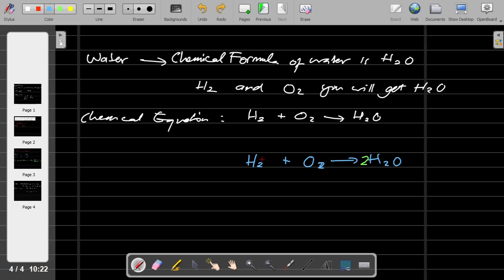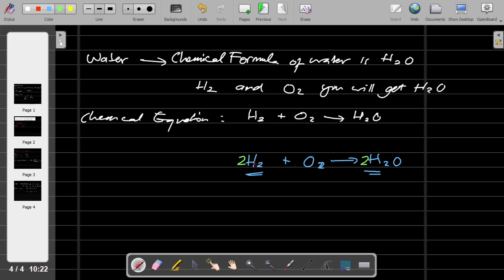Let's take a look at the other reactants. We have 2 H here, but on the product side we have 4 H, or 4 hydrogen. So what we can do is put the value of 2 here.